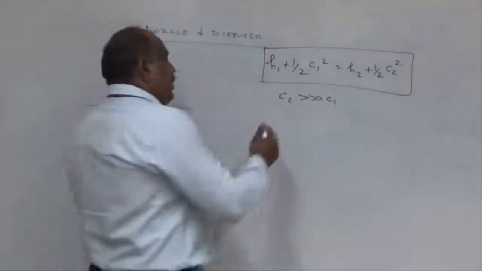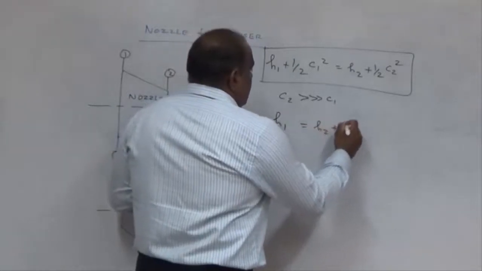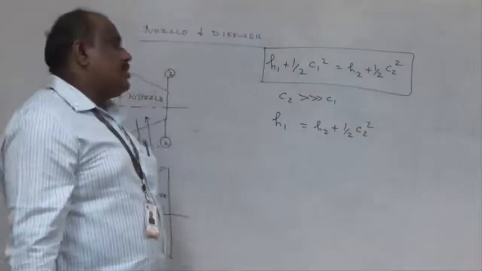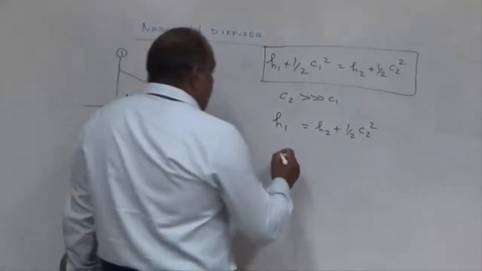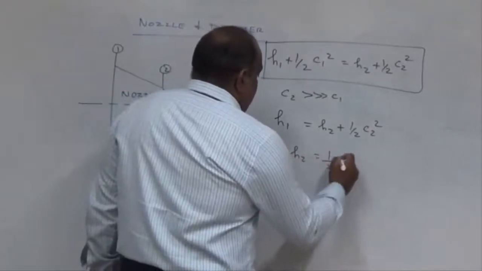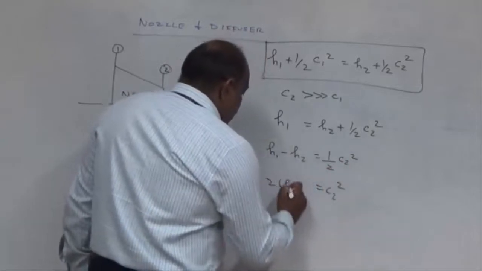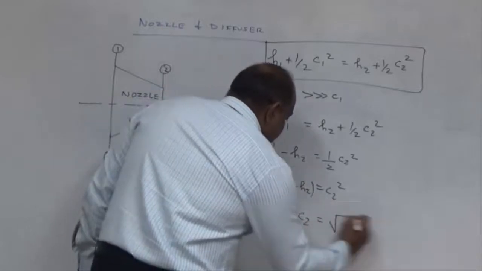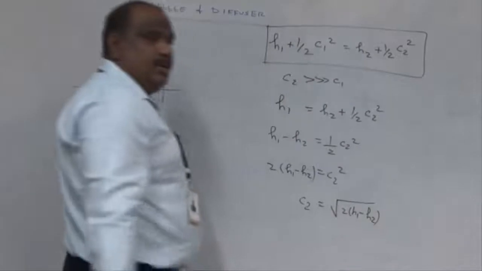So this equation becomes H1 equal to H2 plus half C2 square. From this, what is our objective? To find C2, the exit velocity. So H1 minus H2 equals half C2 square. Otherwise, C2 squared equals 2 into (H1 minus H2). Otherwise, C2 will be the square root of 2 into (H1 minus H2).